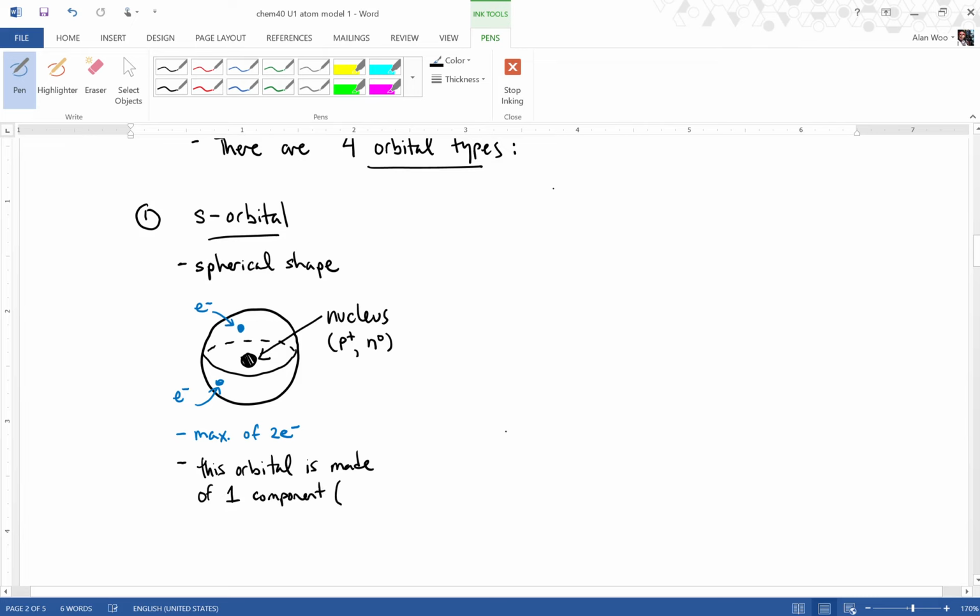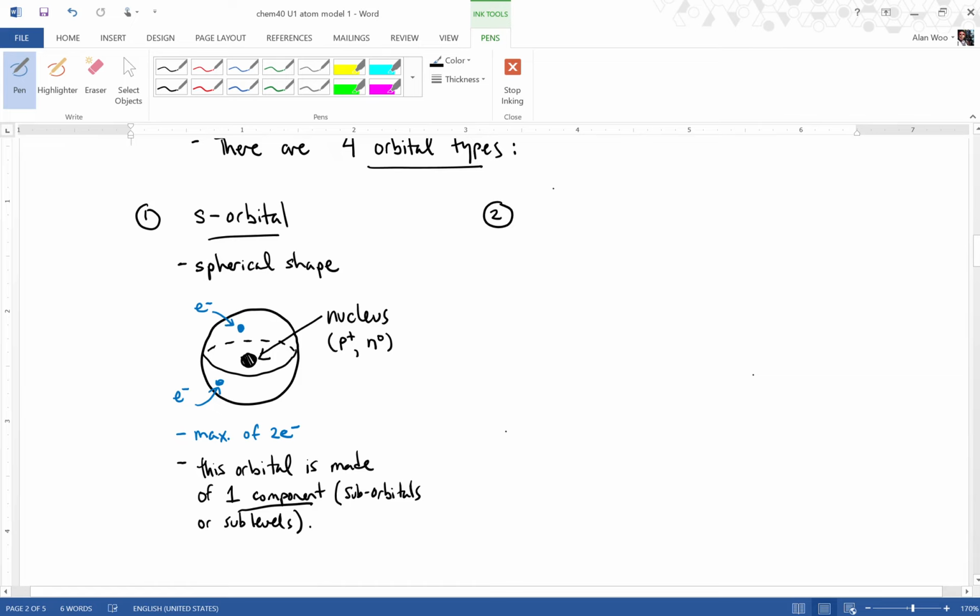And sometimes these components are called suborbitals or sublevels. But the idea is there's only one component for this sphere. And you'll see what these components are like when we look at our second orbital type.